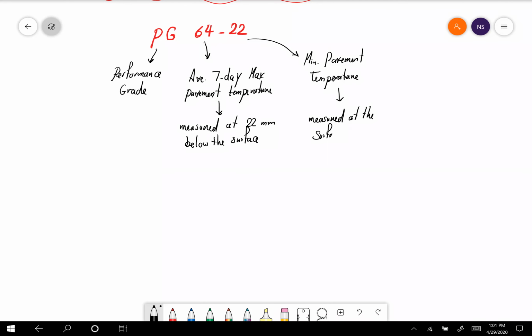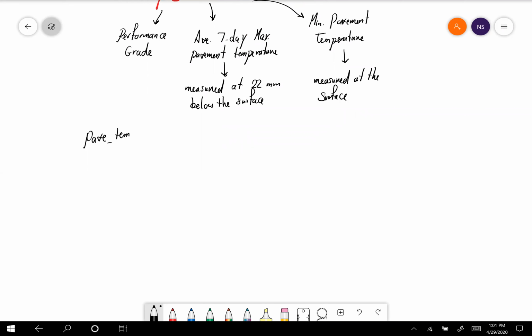And the pavement temperature is a function of ambient temperature or air temperature, as well as the depth at which we are measuring the temperature, and also the geographical location, the latitude.